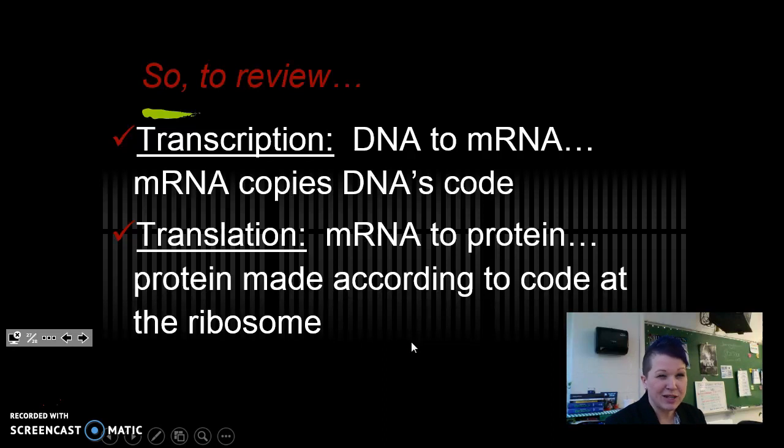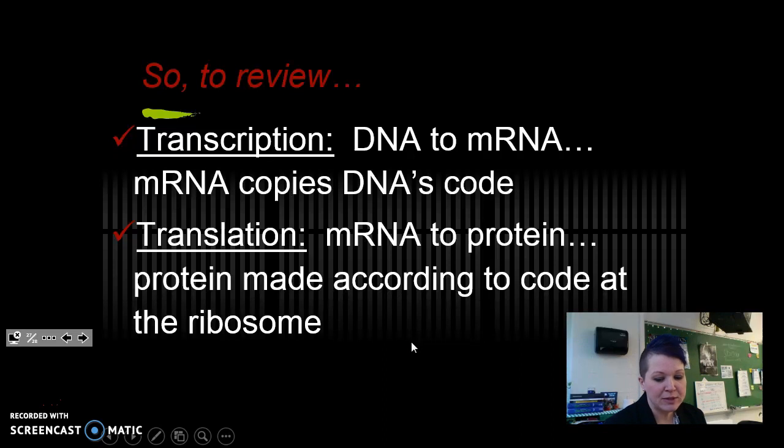Ribosomal RNA, which I didn't really talk about in this presentation, is called rRNA, and is made up of a group of proteins which form ribosomes. When mRNA leaves the nucleus, it locates a ribosome in order to begin building proteins. The ribosome moves along the mRNA strand and reads the sequence in order to translate it into an amino acid sequence, which is what proteins are made of, right?